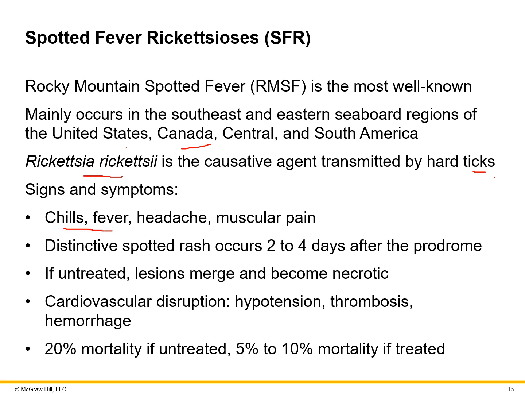The rash that comes along with this is kind of unique, in that it shows up about 2 to 4 days after symptoms start. If untreated, lesions can emerge and become necrotic, or damaging. It can also lead to some cardiovascular disruptions such as hypotension, low blood pressure, thrombosis, and some hemorrhaging.